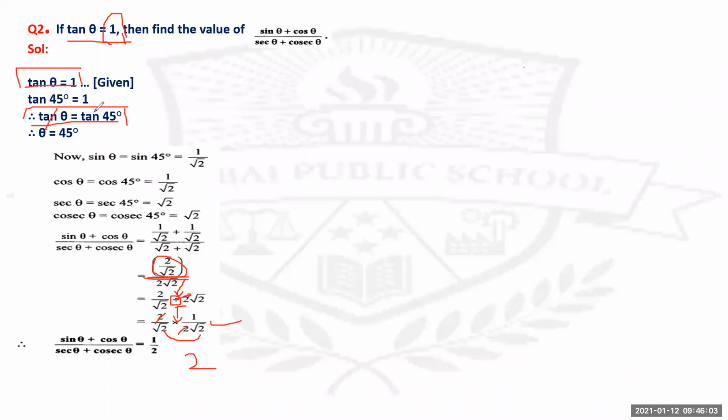So tan is the same, so it will get cancelled. You get theta equals 45. Now once you get the value of theta as 45, you just substitute here sin 45, cos 45. So you will get 1 upon root 2 plus 1 upon root 2. And below, sec theta plus cosec theta, that is root 2 plus root 2. So just substitute that value, nothing else. Is this clear?